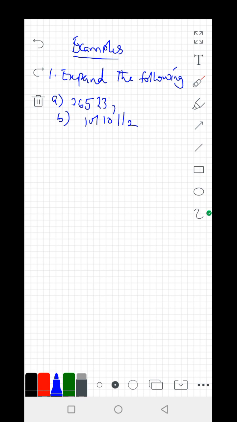Let's start with this. Let's solve, starting with A. 2, 6, 5, 2, 3 base 7 will be, let's just use our normal way to identify this. You identify that with 0, 1, 2, 3, 4.